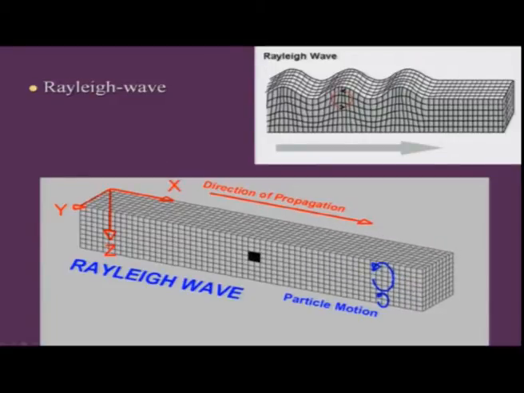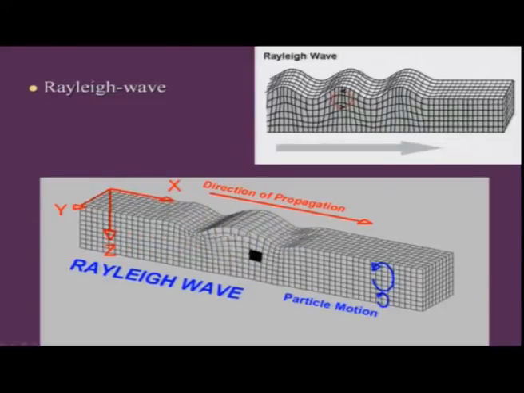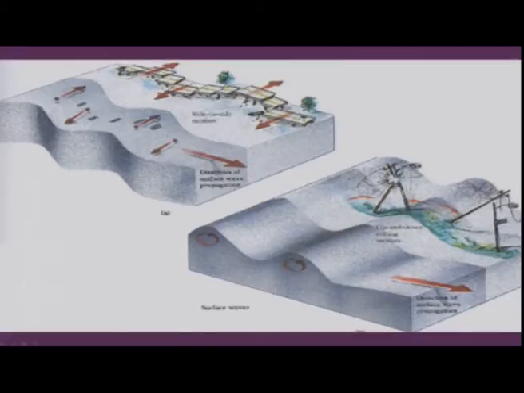So if you remember all four waves, which are part of the body waves and the surface waves, none of the motions has been left out. Either the motion is side by side, or it is elliptical. There is a Love wave, and there is a Rayleigh wave.